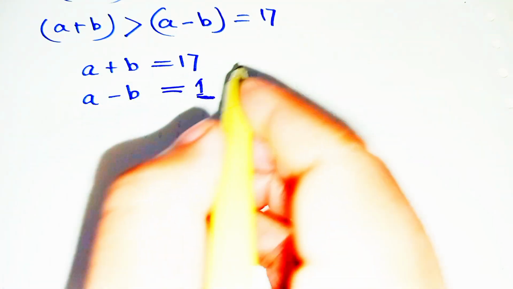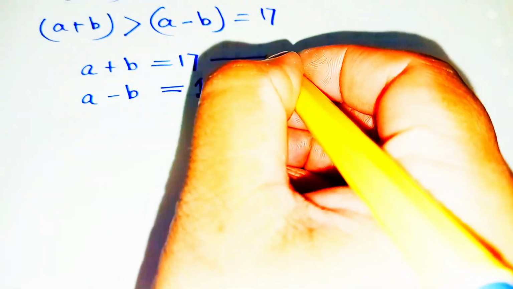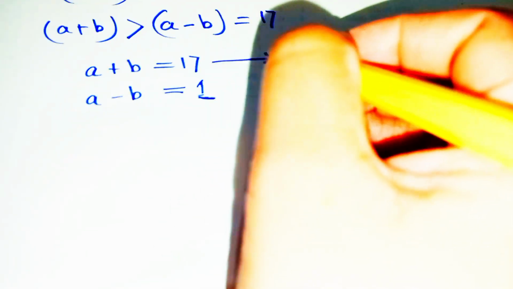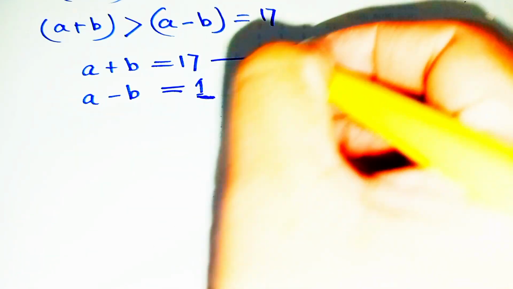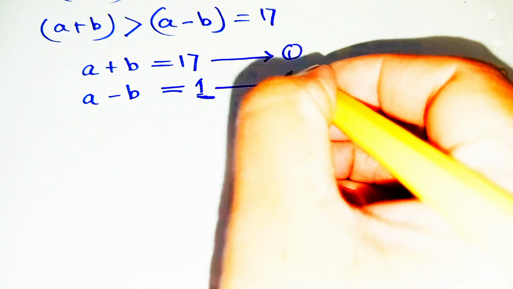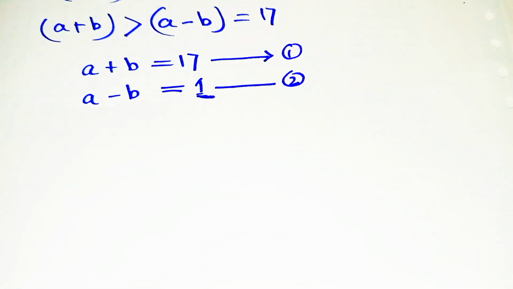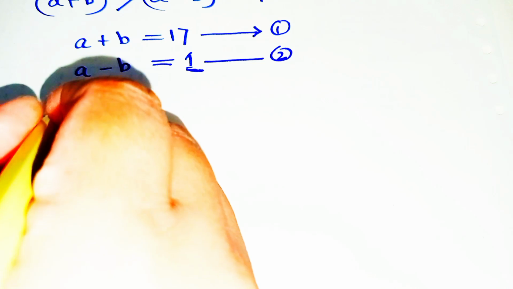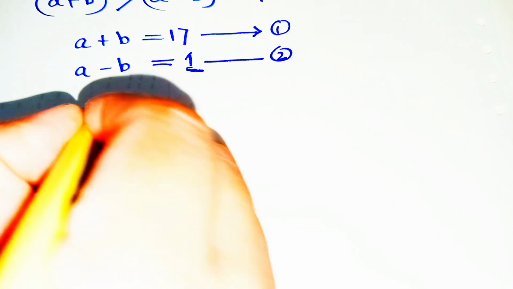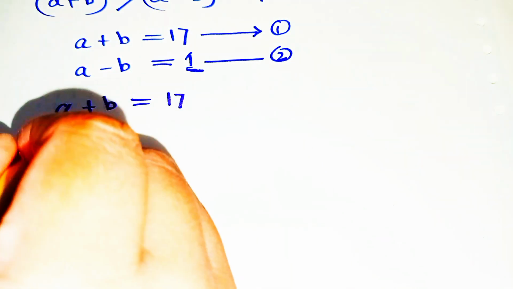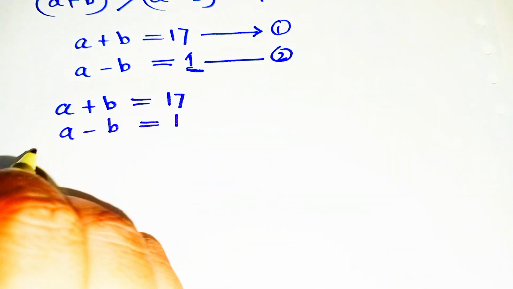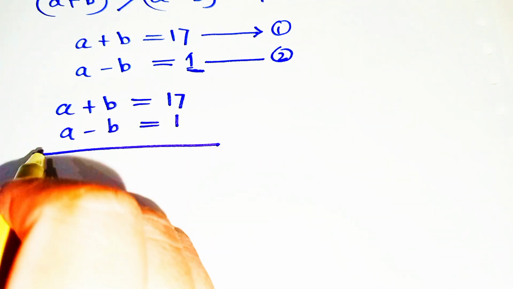We take the two equations, this is the first equation and this is the second equation. In the next step, a plus b is equal to 17 and a minus b is equal to 1, and then we can solve it.